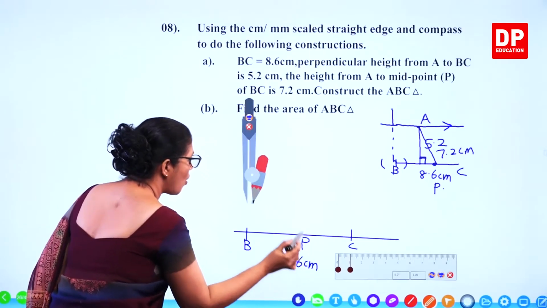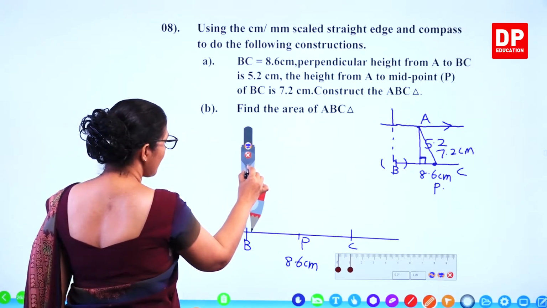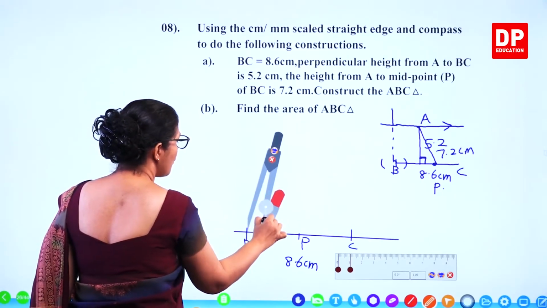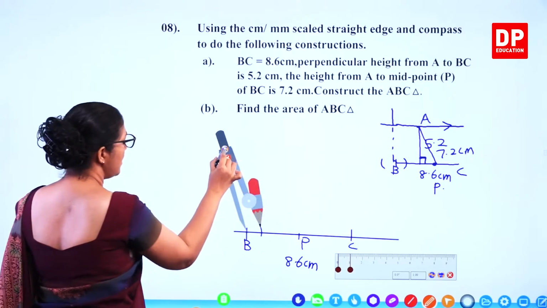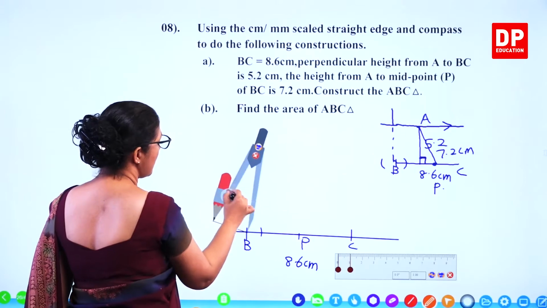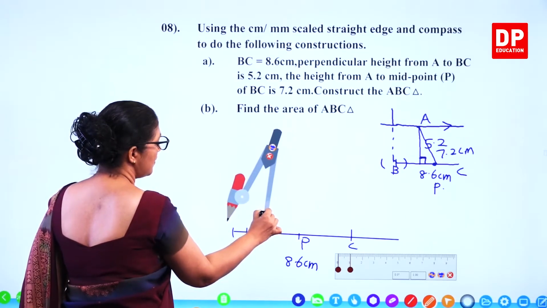So you take the compass and take any distance, and we are trying to draw the perpendicular to B. So take any distance here.